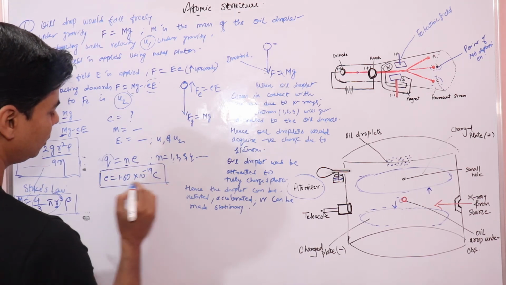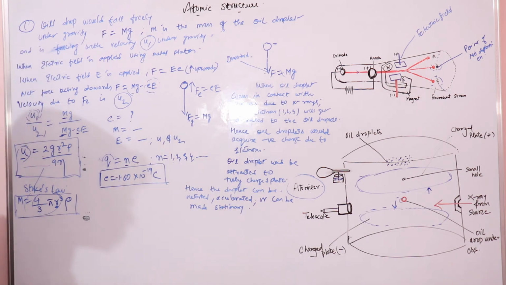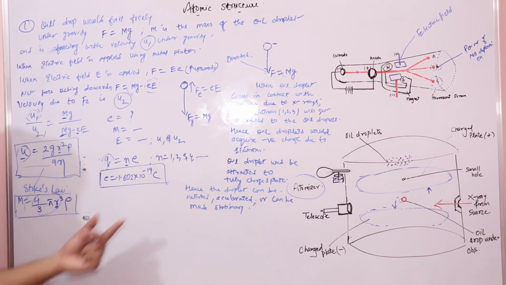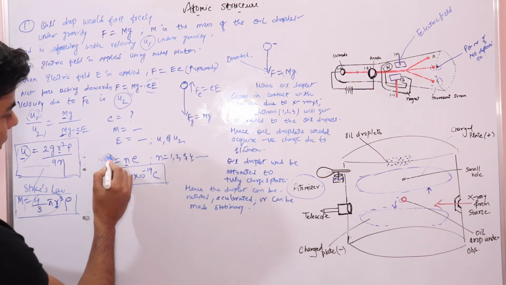This we know is the value of charge, and this is negative if it's an electron, right? So this is always found to be a multiple of 1.602 into 10 to the power of minus 19 coulomb, right?